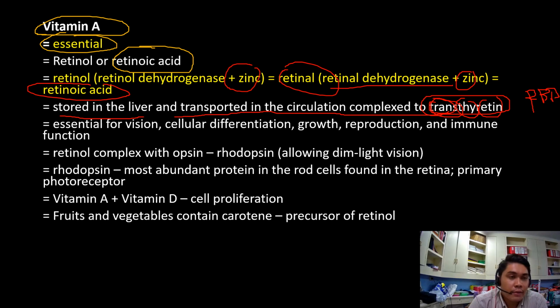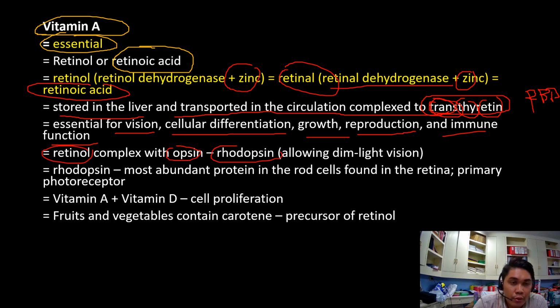Vitamin A is essential for vision, cellular differentiation, growth, reproduction, and immune function. The complex between retinol and opsin produces rhodopsin, which allows dim light vision.